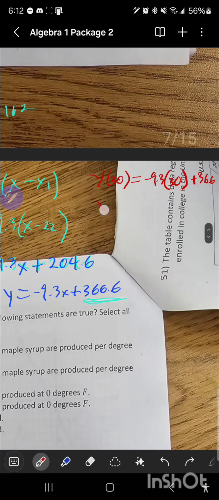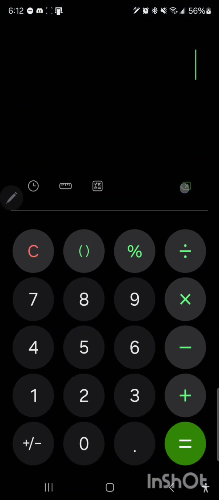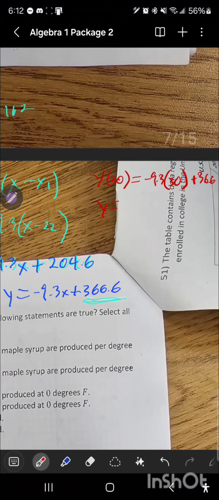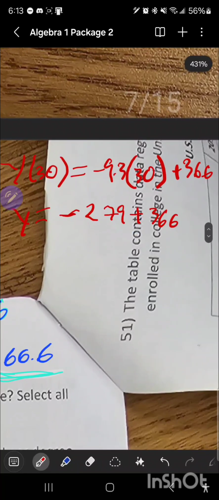Okay, I have y of 30 equals negative 9.3 times 30. So 9.3 times 30, negative times positive is negative, so we keep the negative. It was 279. And then plus 366. Now they have different signs, so we subtract each other and keep the sign of the bigger one.